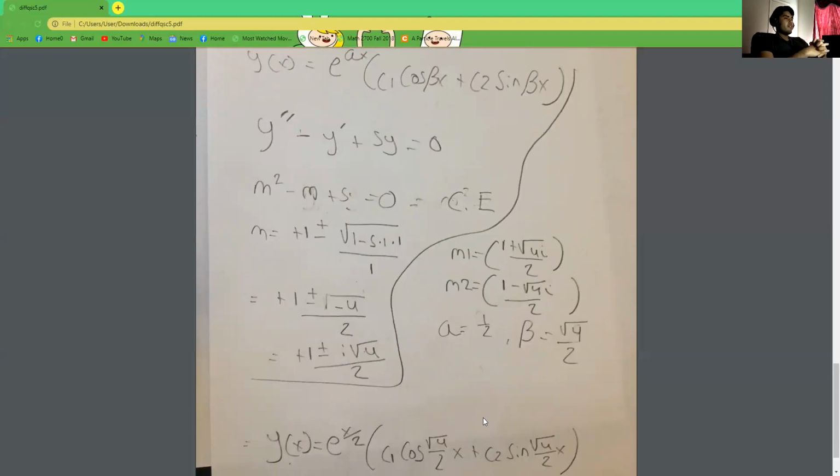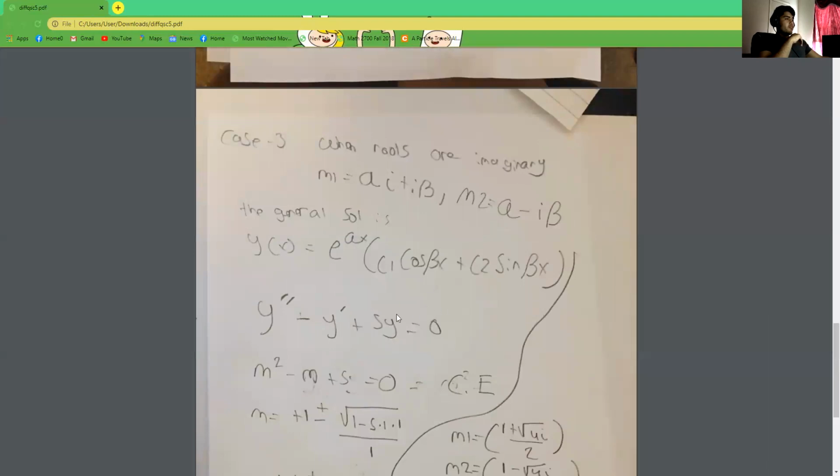You just basically have to have the characteristic equation. At worst, you have to use the quadratic every time, but sometimes it's as easy as just factoring it out. Then you get your roots and then you plug them into the general solution of the case that you have.